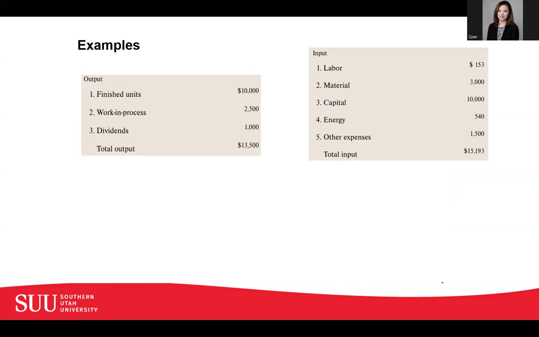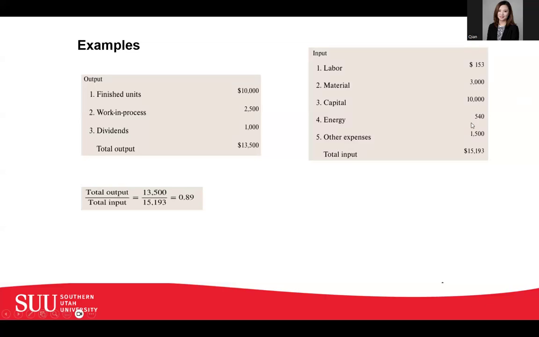If we want to find the total productivity, we just use the total output over the total input. The total output is the total money you earn for what you produce, like finished units, work in process, and parts. You sum all of them together, and then you get the total output. The total input is how much you spend on labor, materials, capital, energy, and others.